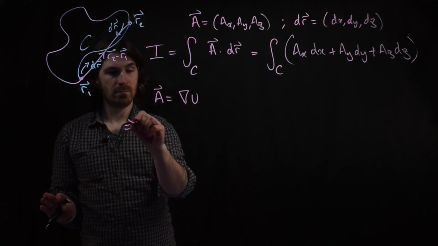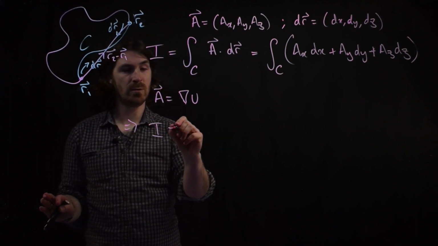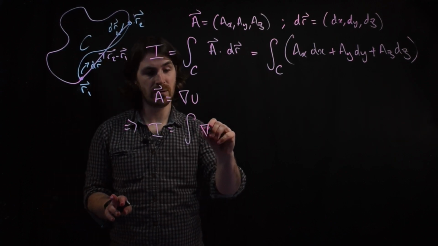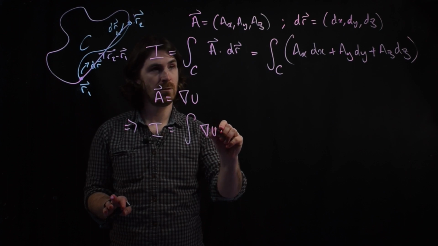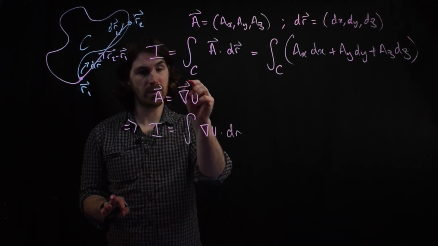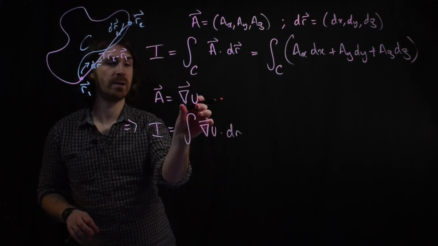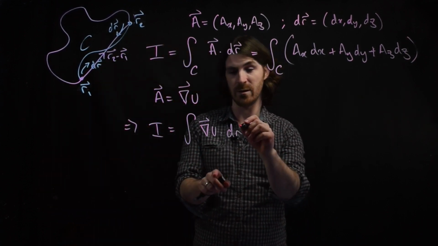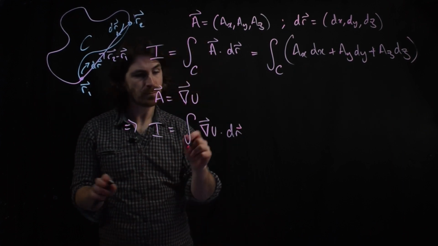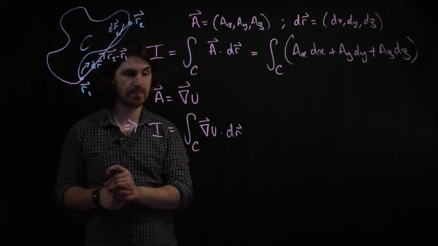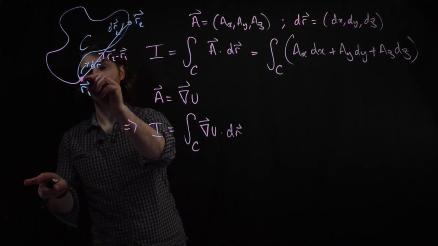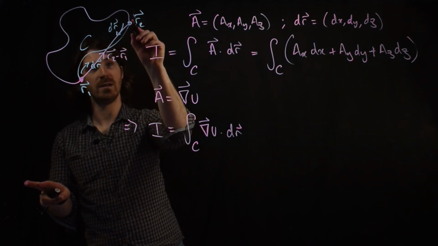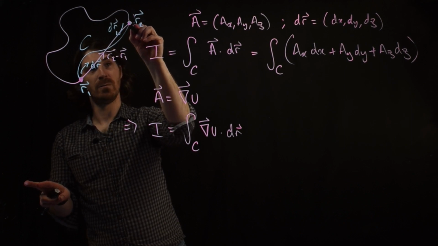Then I, the integral, equals the integral of A dot dr, which is just the gradient of u dot dr. I'm going to put arrows here. The gradient of u is a vector, the vector A. So we've got a vector dotted with dr, which is also a vector, along some curve C. We start at position R1, we move along some arbitrary curve C, and end up at R2.